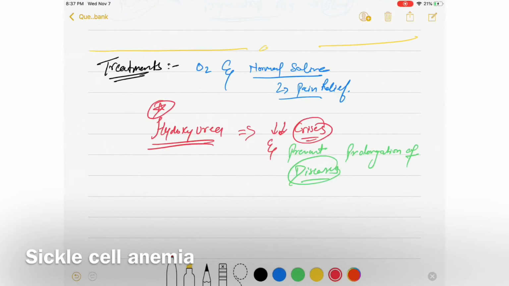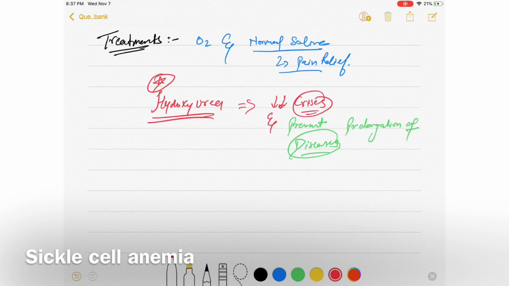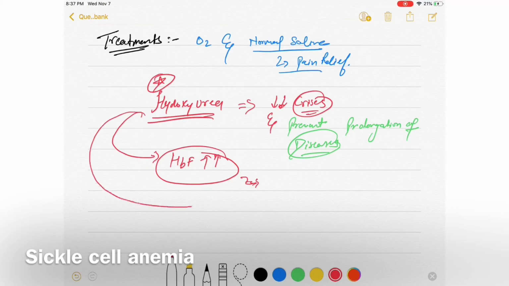What are the side effects of this drug? It mainly increases the amount of fetal hemoglobin, and the second thing is that it causes microcytic anemia, or we can say vitamin B9 deficiency.